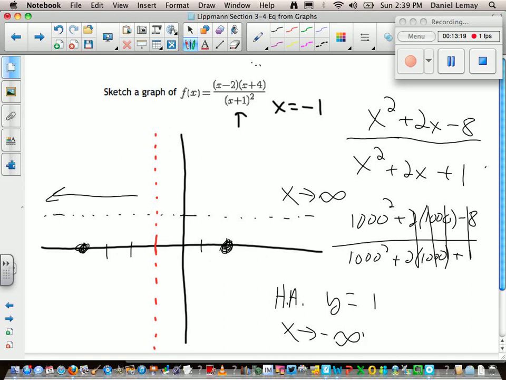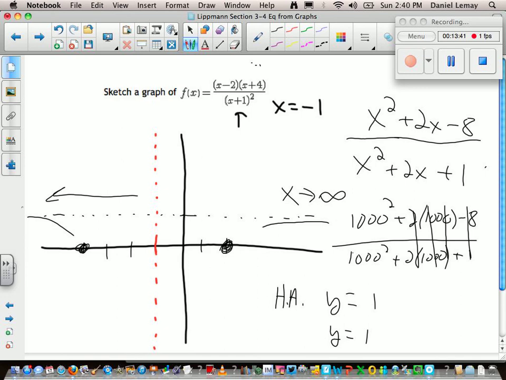It's going to be positive again. So that would tell me that the horizontal asymptote to the left is the exact same number, y equals 1. Alright, so I know that somewhere this graph is going to approach it. It could be approaching it from above, it could be approaching it from below, and the same thing here. I'm approaching y equals 1.